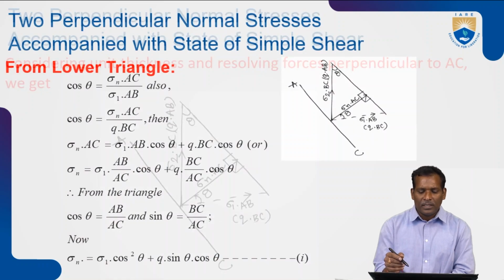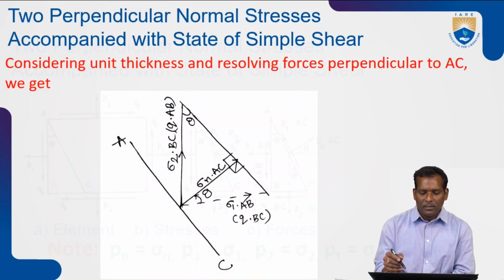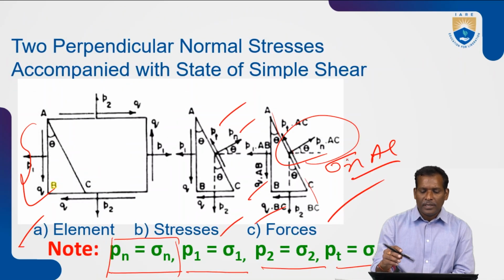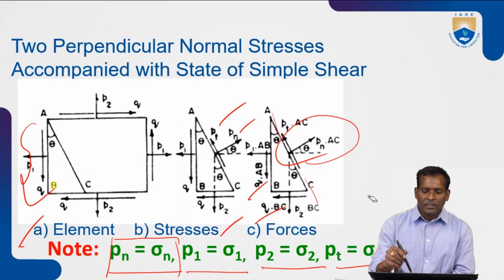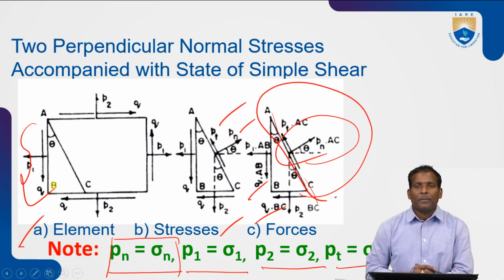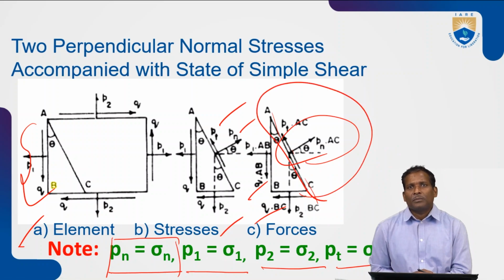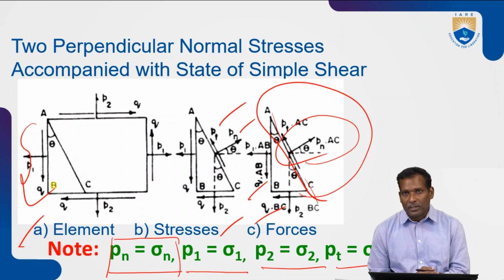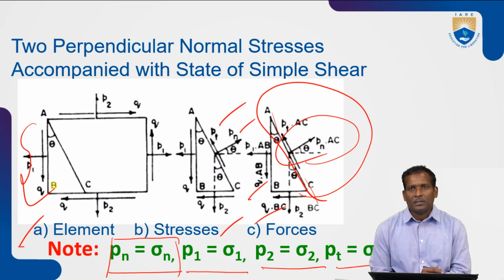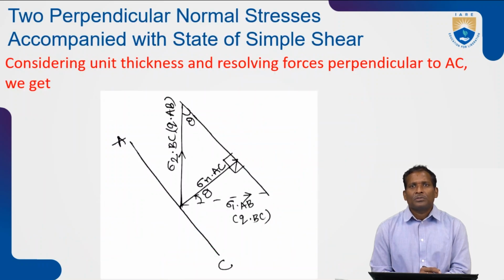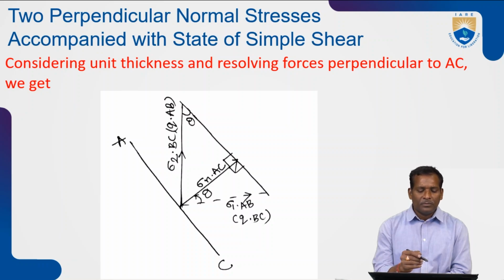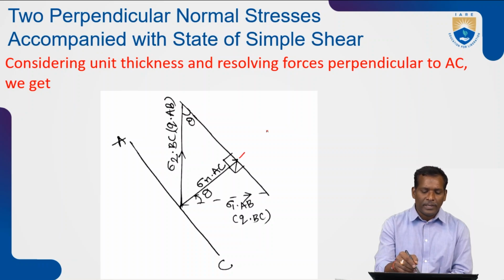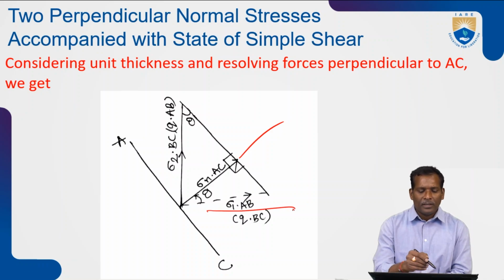So take this AC plane. Consider this AC plane. We are calculating normal stress accompanied with state of simple shear whenever these stresses act on the plane with angle theta. So that here we take that AC and sigma n AC and then sigma 1 AB and sigma 2 BC.